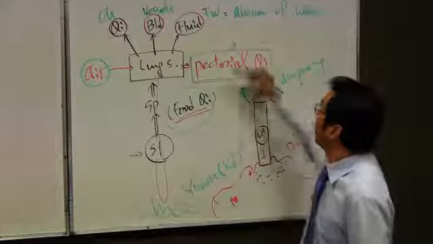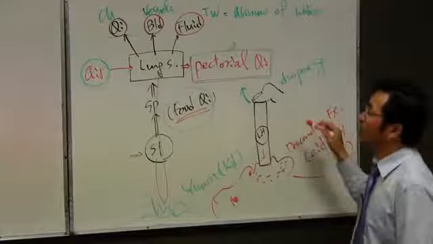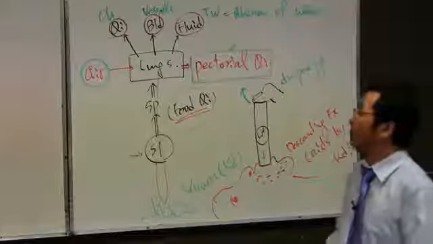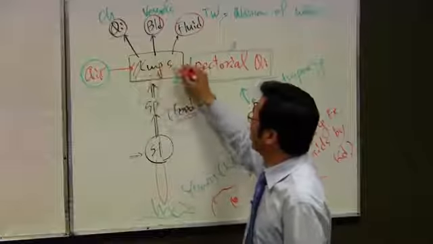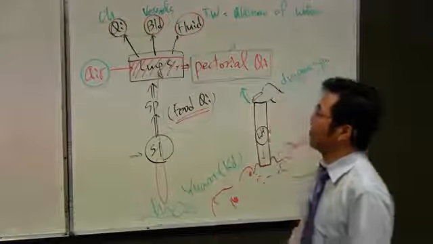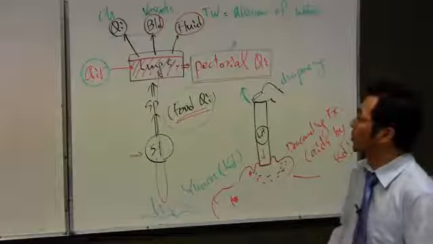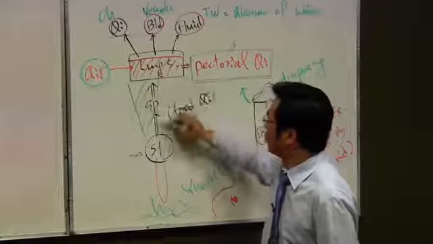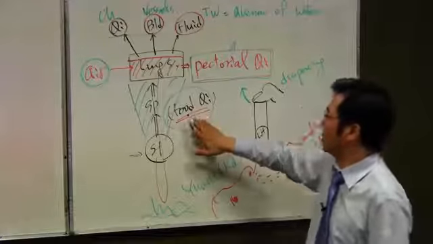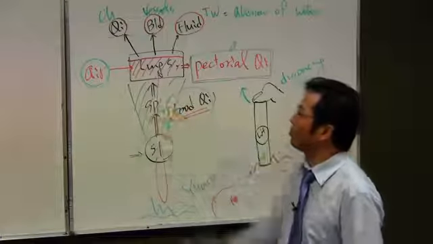Okay, and please take a look at the lung's function. When the distribution fails, all the nutrients stay inside the lung. What do we call that? Phlegm. And if the nutrient, which means the food qi, stays between the stomach and lung area, what do we call that?